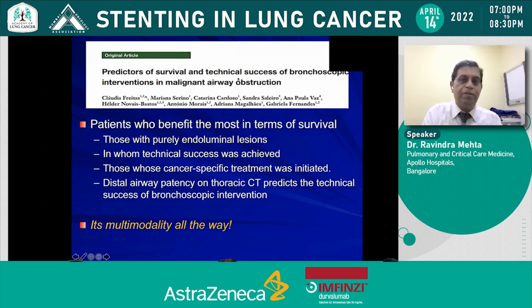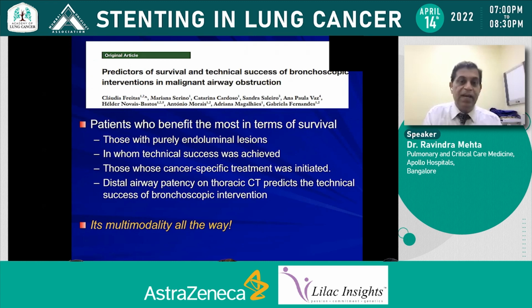Another paper talked of predictors of survival in malignant obstruction. Patients who benefit the most will be those with purely endoluminal lesions in whom a technical success was achieved, like our cases. Those in whom cancer-specific treatment was initiated, that means you had options beyond the stent. You could give them chemotherapy, radiotherapy, immunotherapy, and so on.